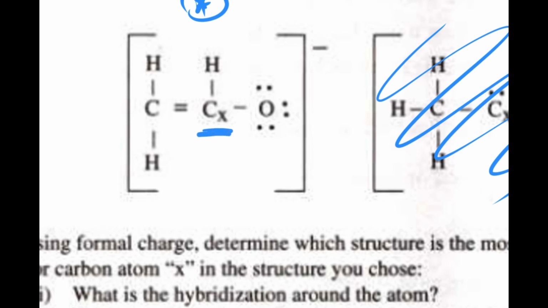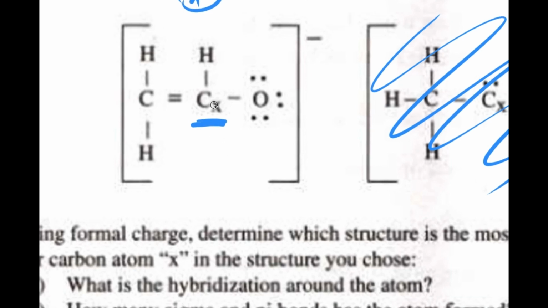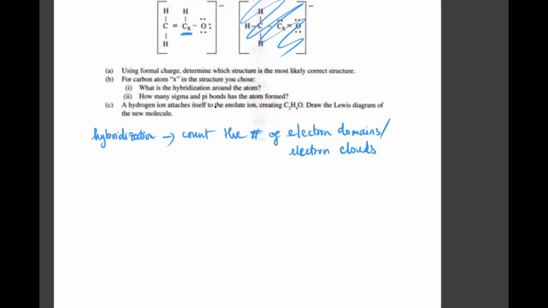Now we're going to count the number of electron clouds around it, and in order to find this number of electron clouds, we're going to count the number of sigma bonds plus the number of lone pairs of electrons, if there are any.